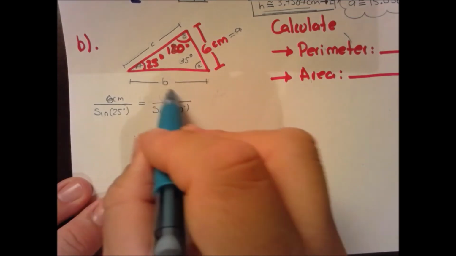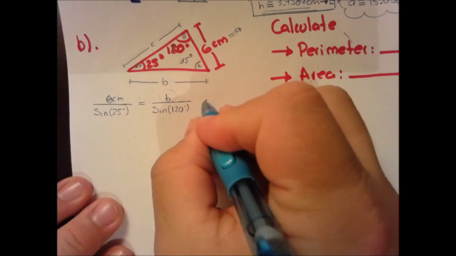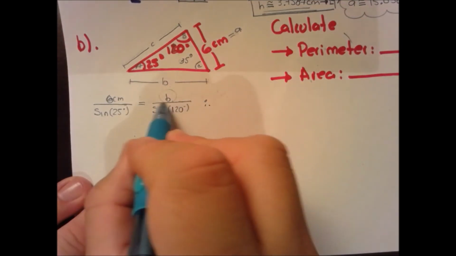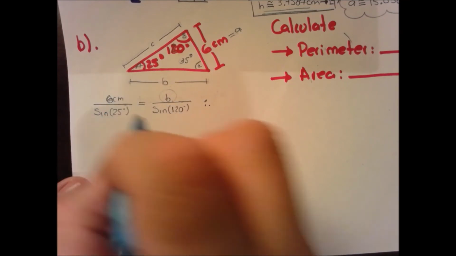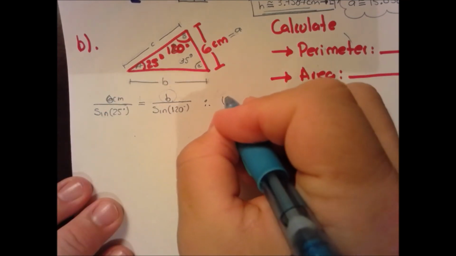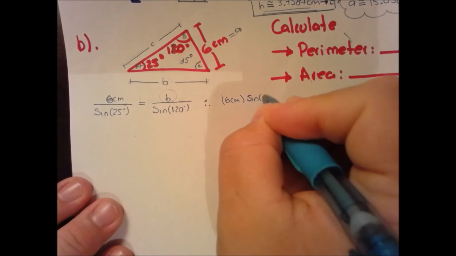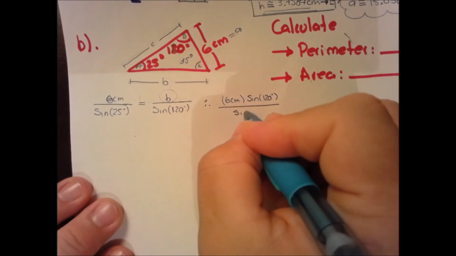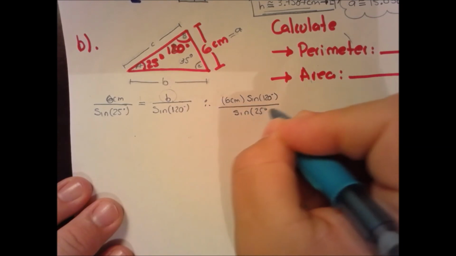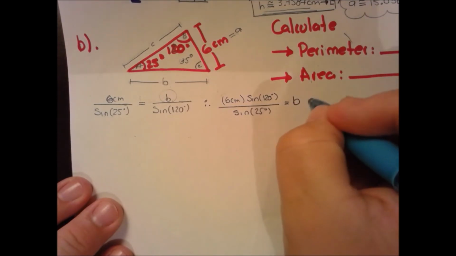We have only one unknown. So the only thing that we need to do is just to clear. We're going to move this one. This is dividing, so it is going to pass multiplying, and I'm going to say 6 centimeters times sine of 120 over sine of 25 degrees. It's equal to B.